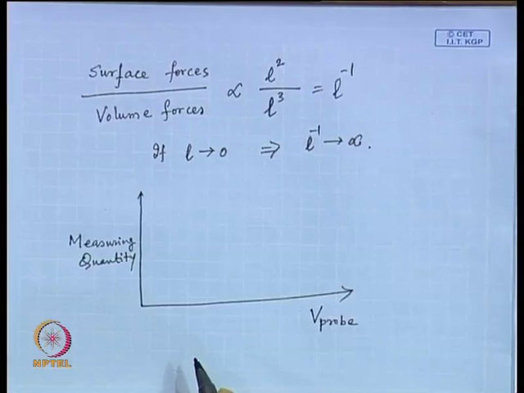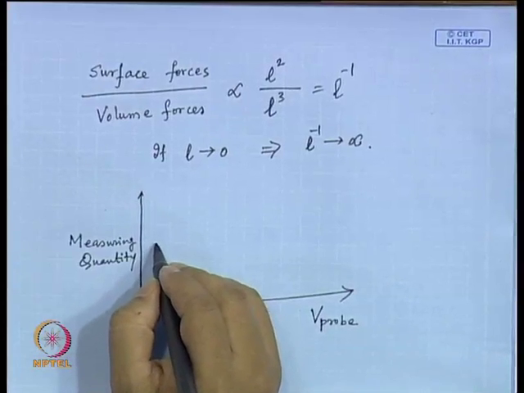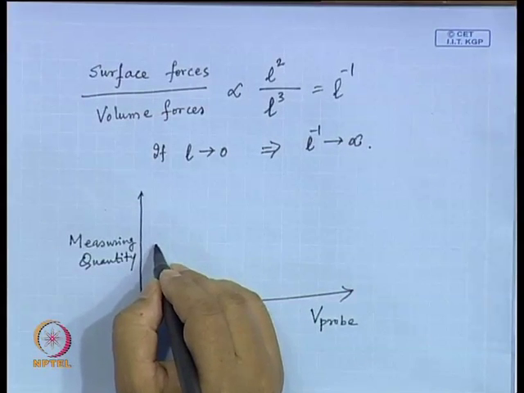If the measuring quantity is plotted as a function of the volume of the probe, you find a trend something like this.